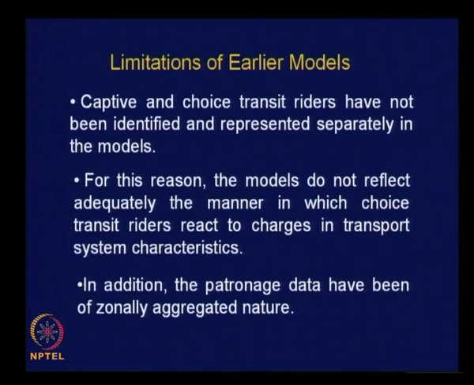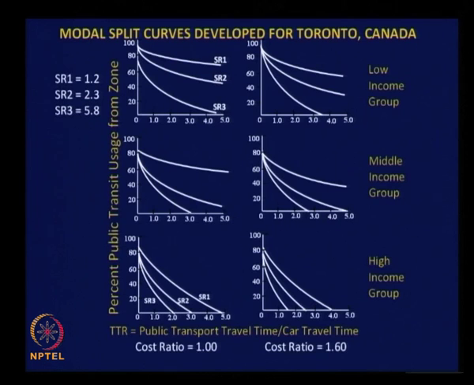There will be variation. Even for a same cost ratio, for example, let us take the previous example. As I said earlier, for a travel time ratio of 2, cost ratio of 1.6, as per this model, nobody from high income group will choose public transit if SR3 is the level of service available in public transit, isn't it?